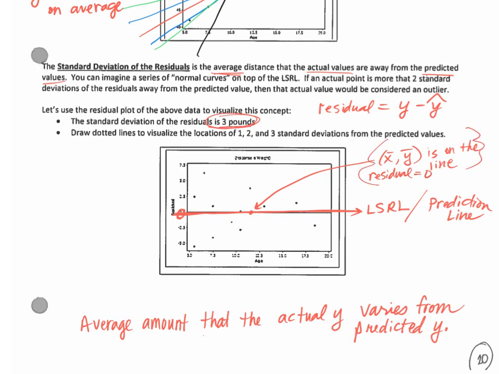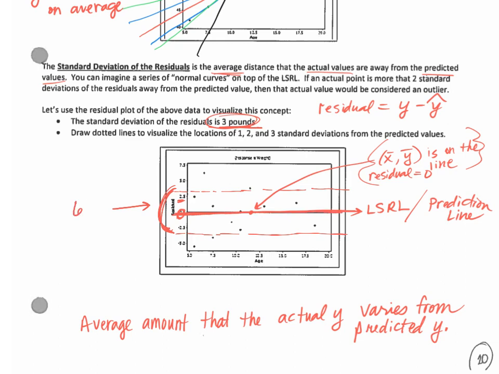But let's take a look at this. 3 pounds. So if I come over here and this is 2.5 pounds up, so I'm going to go to about 3 pounds up and 3 pounds down. Then that's this information right here. This is all the actual data that is within 1 standard deviation of the prediction line.